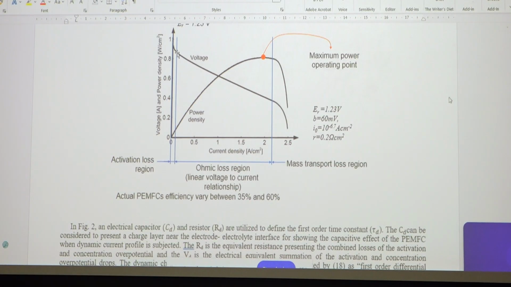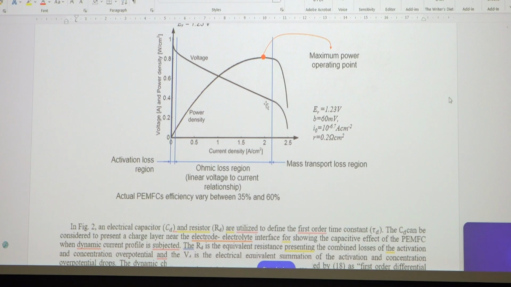And after that, until this vertical range, here we see another vertical, this region is a linear region, because this region occurs due to the ohmic voltage drop. According to Ohm's law, definitely it depends only on V equals IR, only the resistive elements. So it is a linear region.